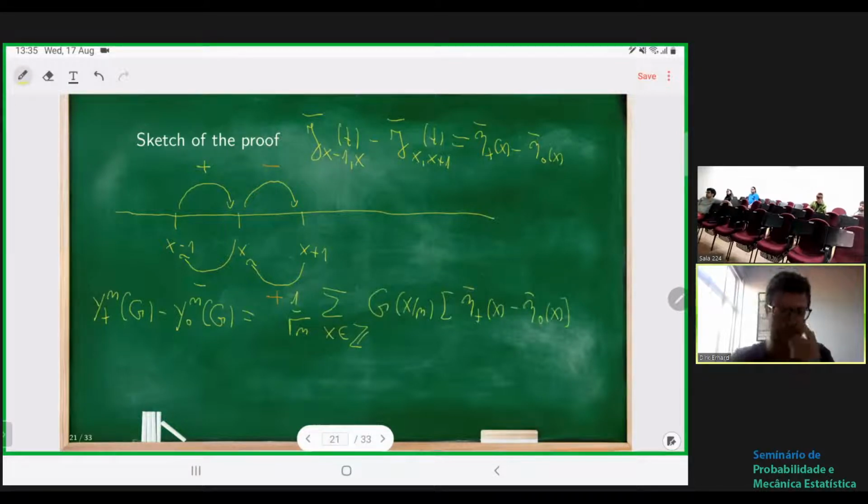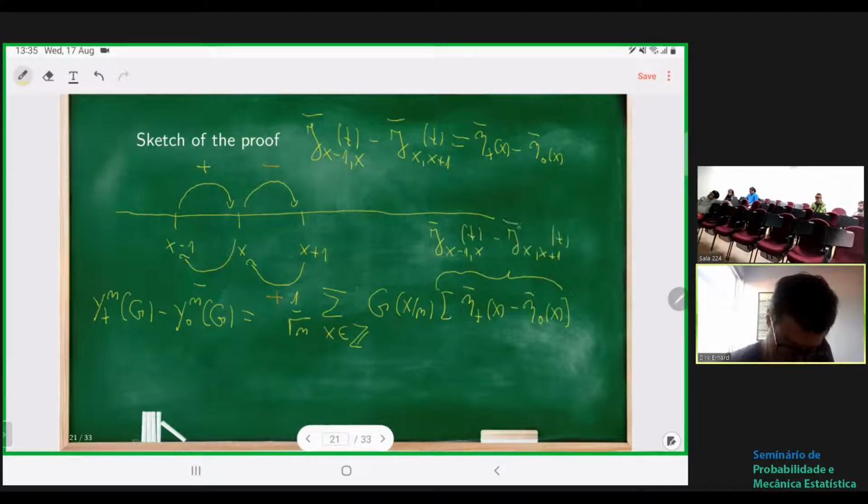So this is just the definition of the fluctuation field. And now this guy here, you replace using this magic identity: j of x minus 1, x minus j of x, x plus 1 of t bar.